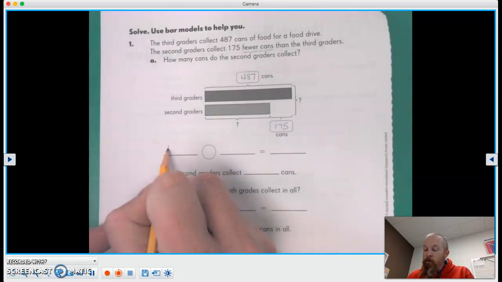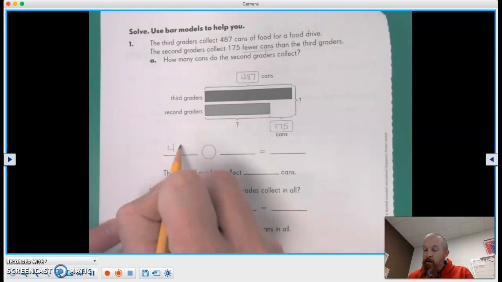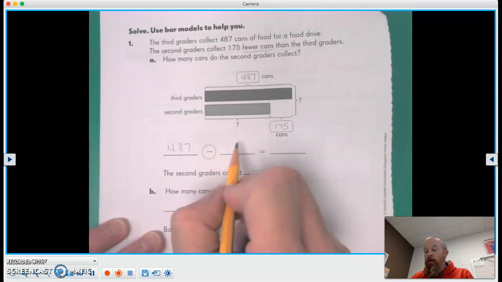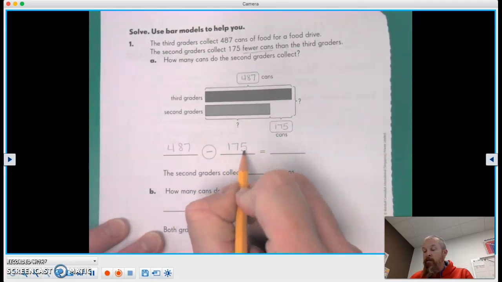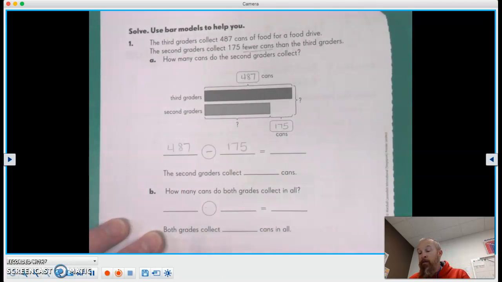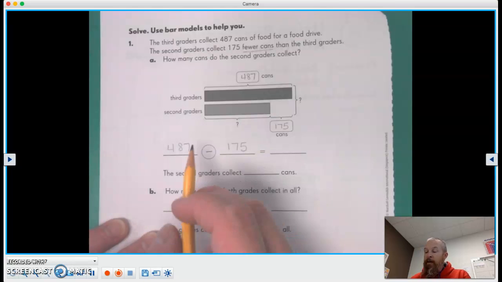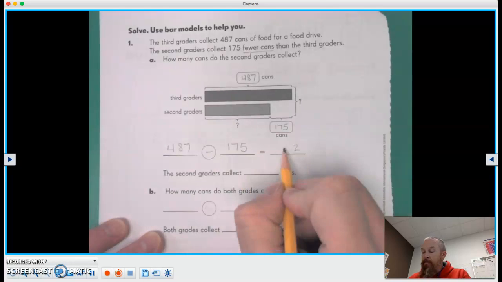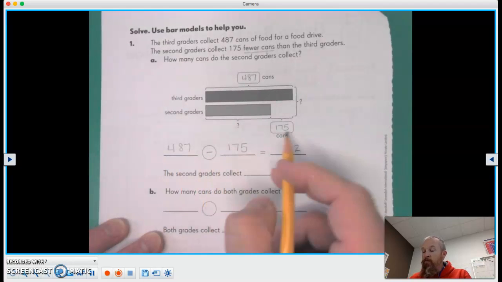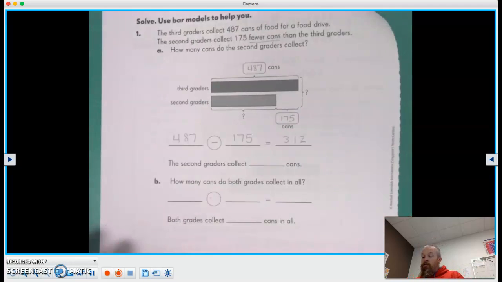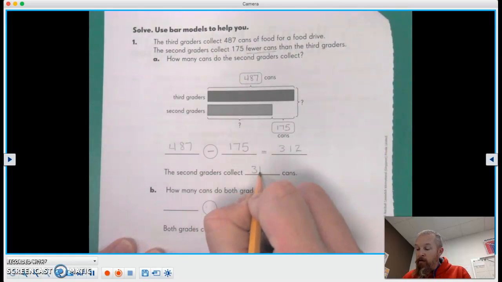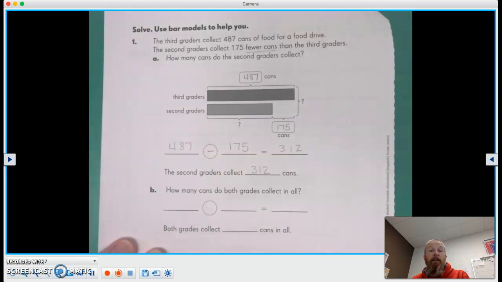So 487 minus 175 equals what we have left. And that is, let's see, 7 minus 5 is 2. 8 minus 7 is 1. 4 minus 1 is 3. So the second graders collect 312 cans.